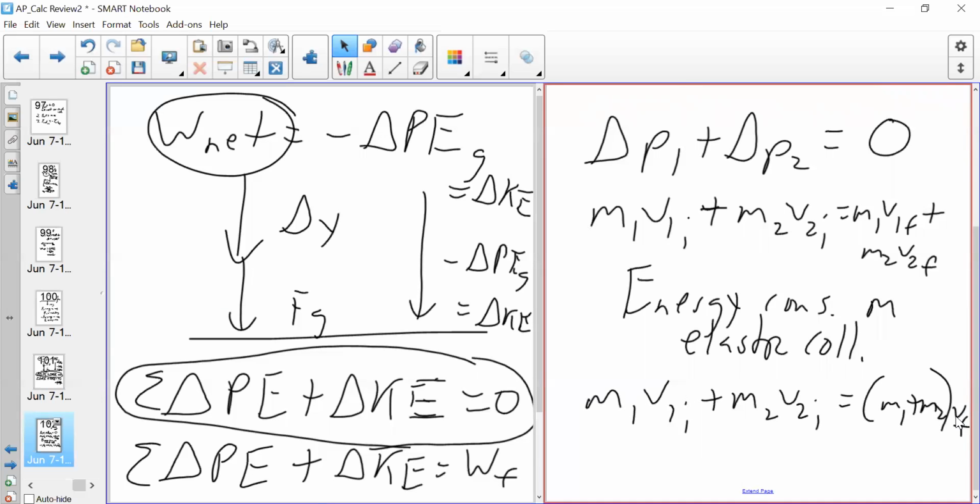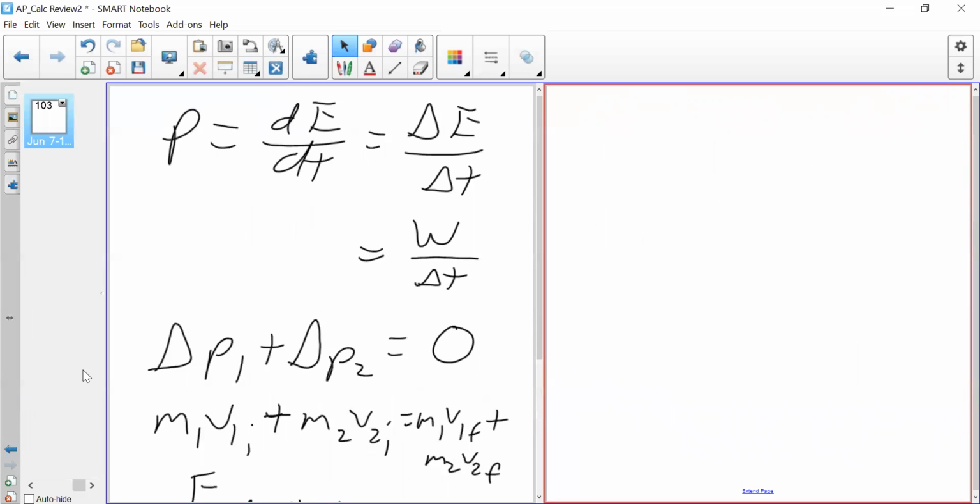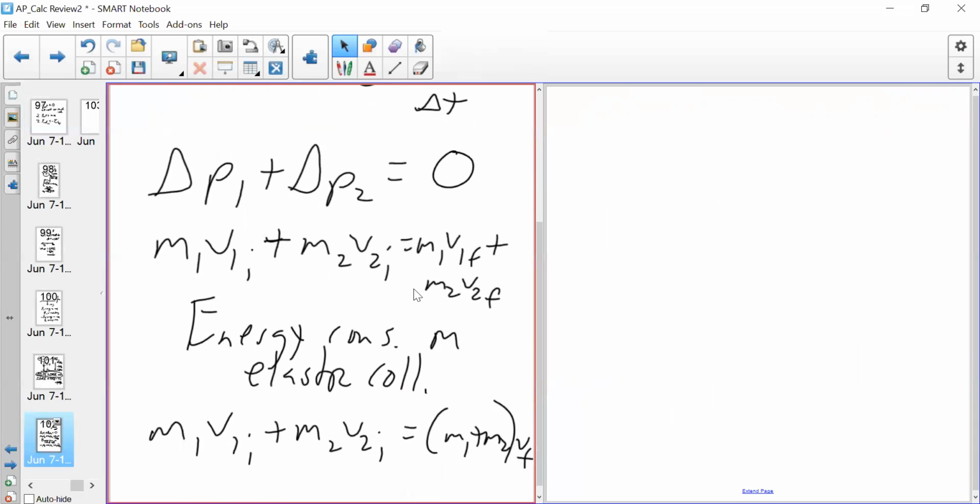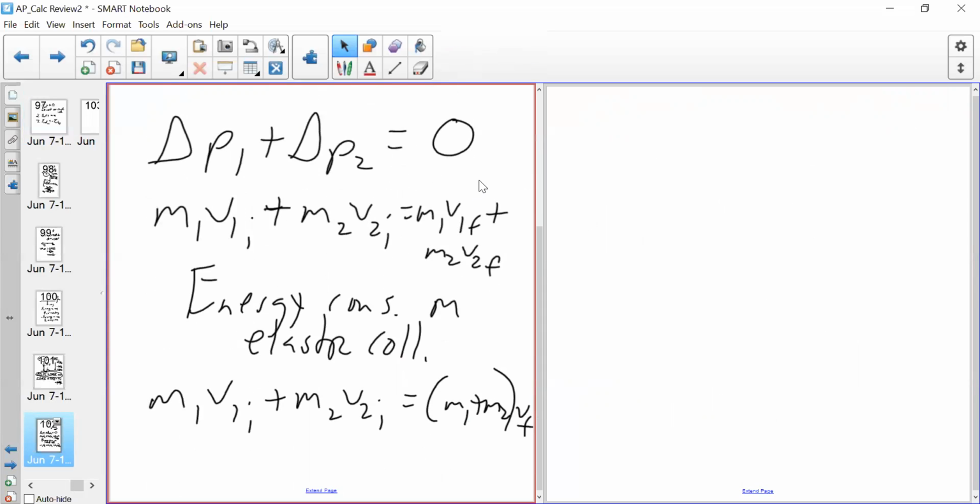So that would be the inelastic collision case. And energy is not saved in that case. Any questions regarding that concept?